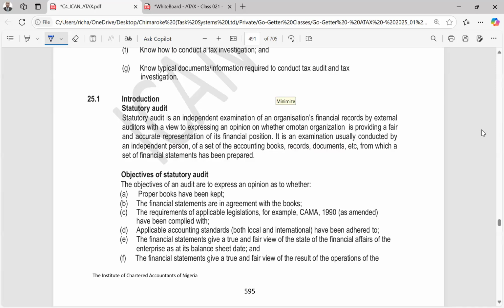Your financial statement has to agree with the books that you've kept. So yes, it's not enough to keep all these books, but are the books correct? Record will be relying on them.